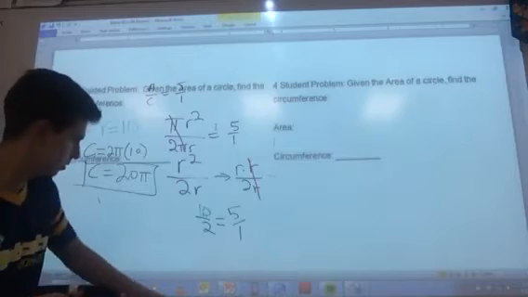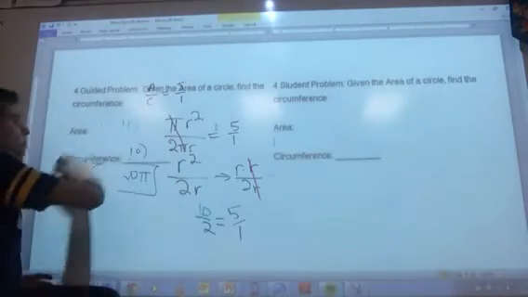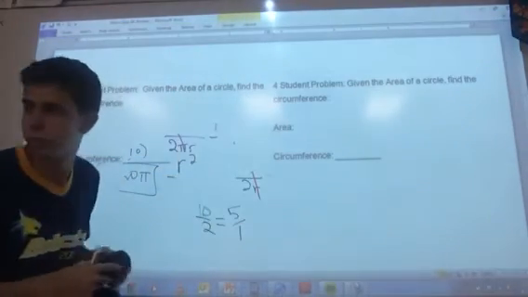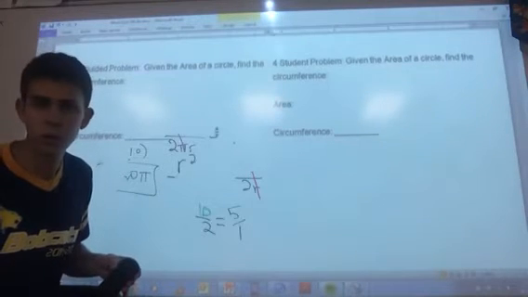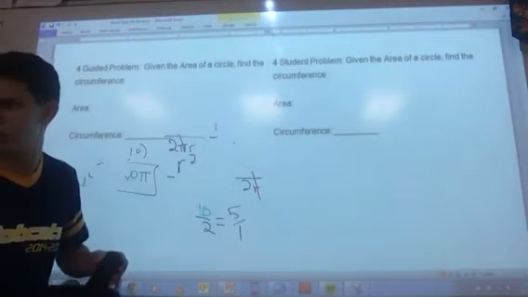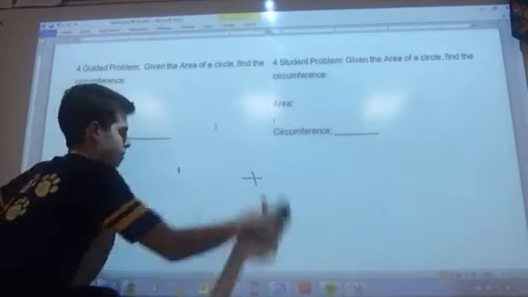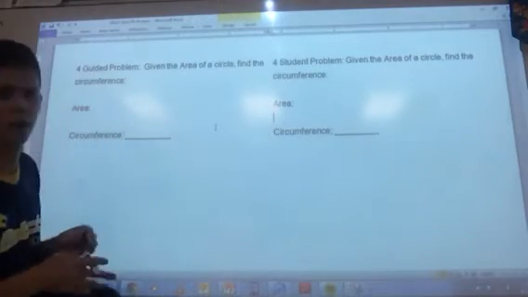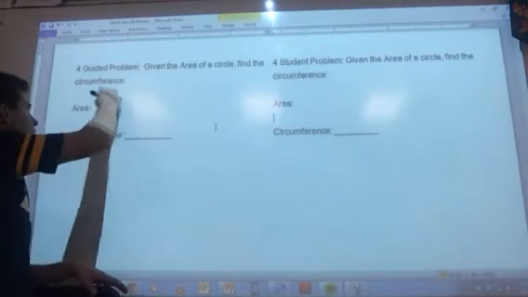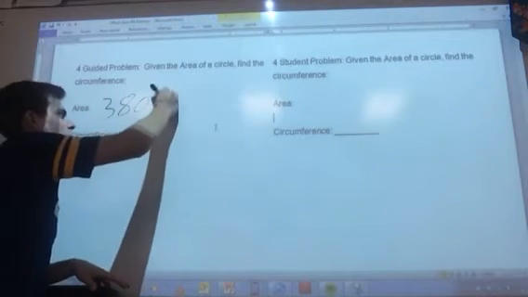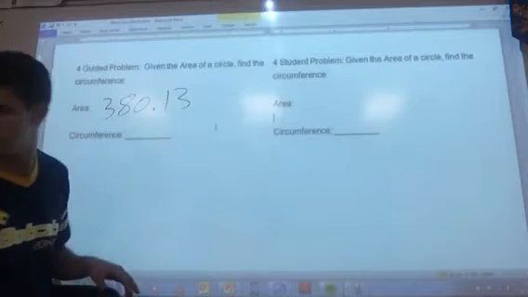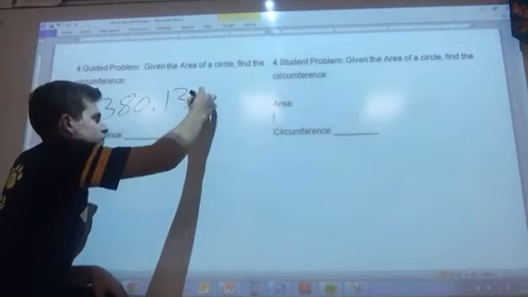We've got one last one here: given the area of a circle, find the circumference. It's not typed on it, but it is written here that the area is 380.13 meters squared.